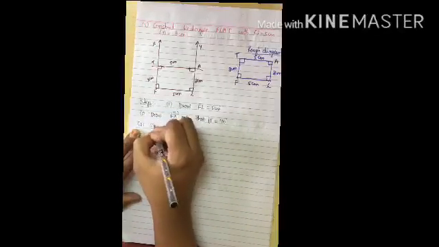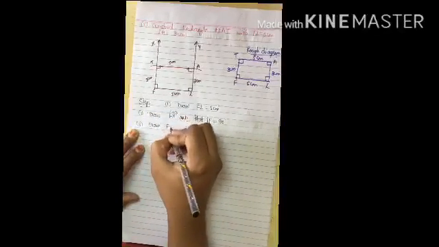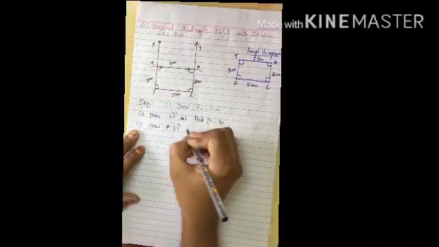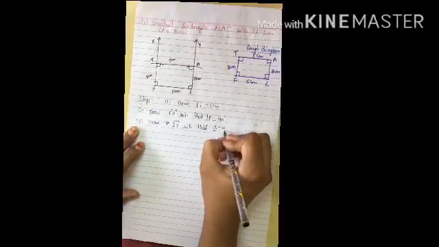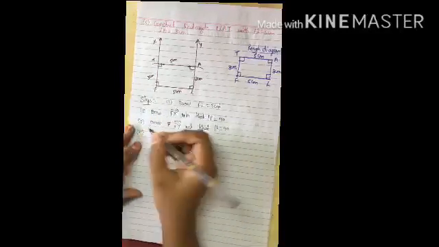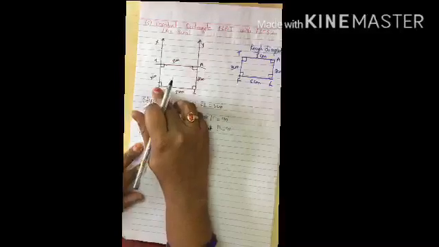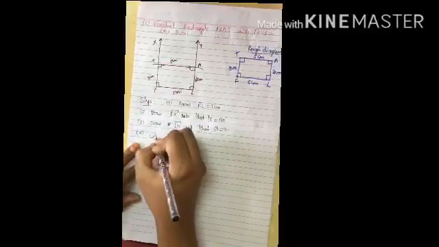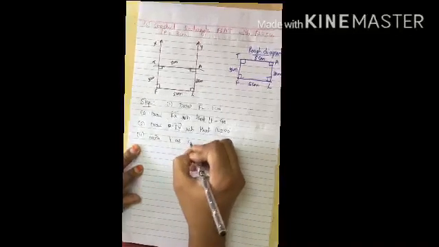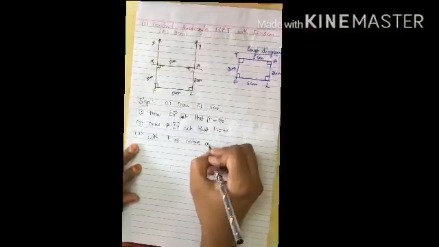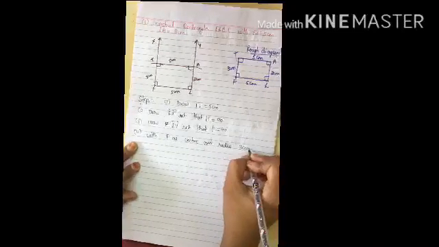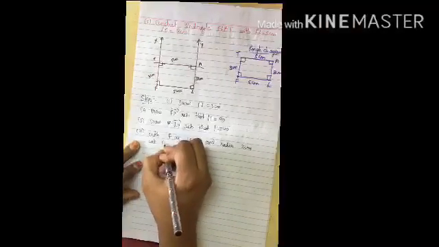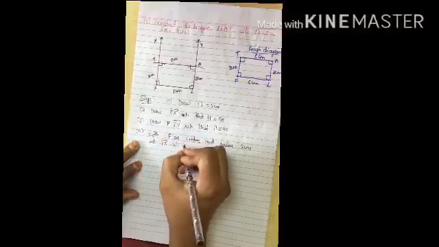Next, draw a ray LY such that angle L equal to 90 degrees. Next, what you have done? With F as center and radius 3 centimeters, cut ray FX at T.